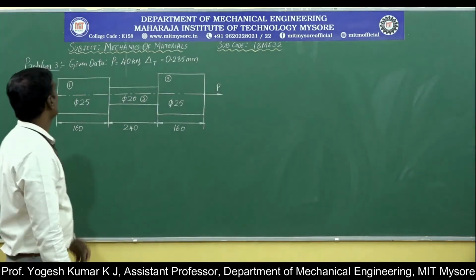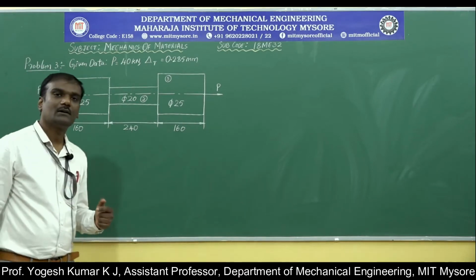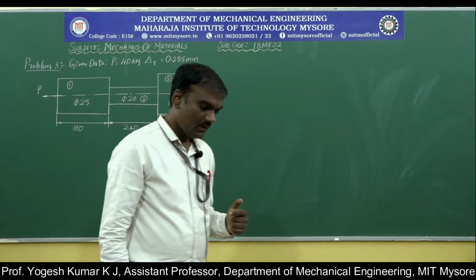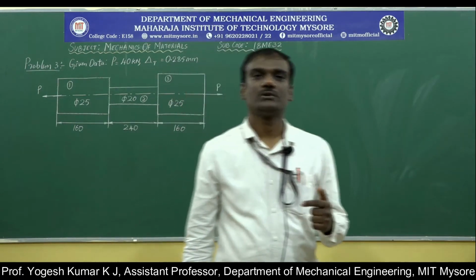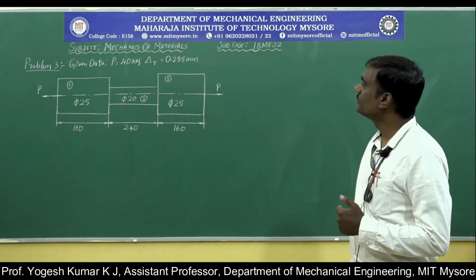Okay, let us move on to the next problem, that is problem 3, where the problem goes like this. A specimen of steel shown in the figure is subjected to tension test in UTM.